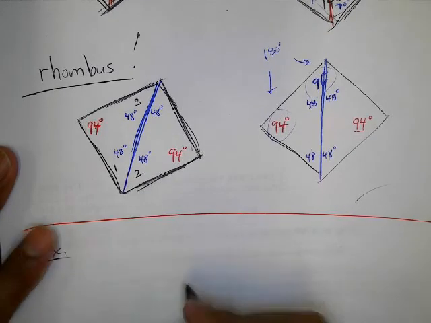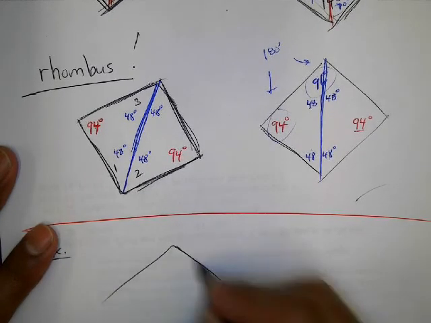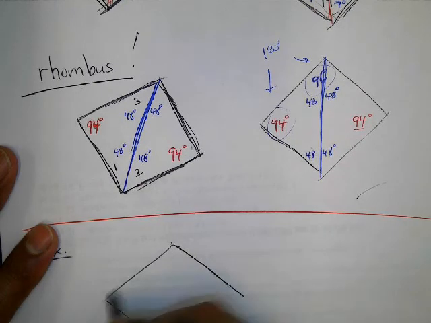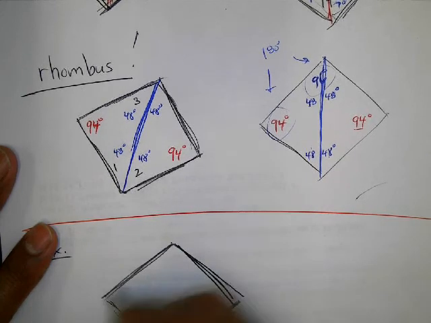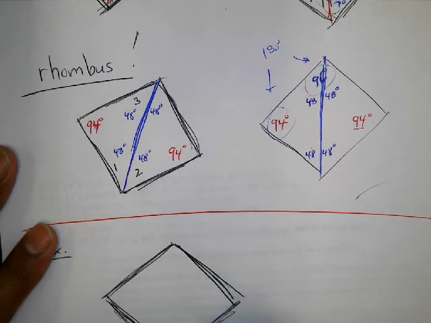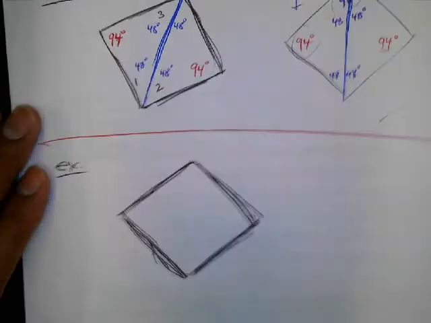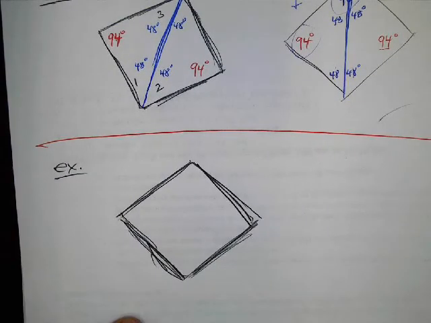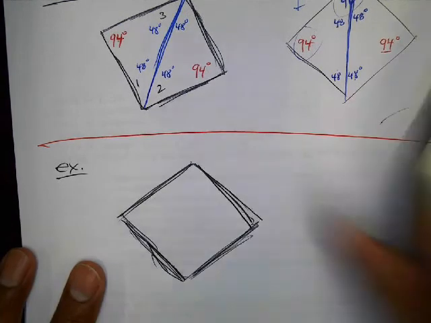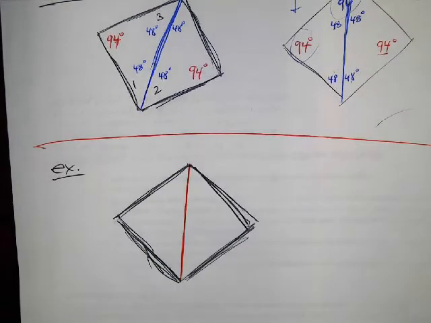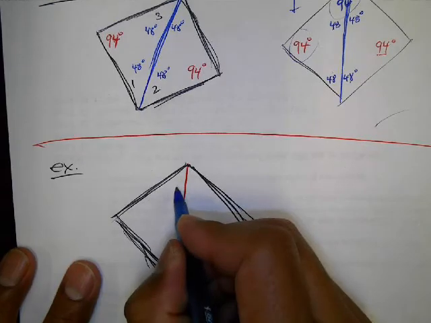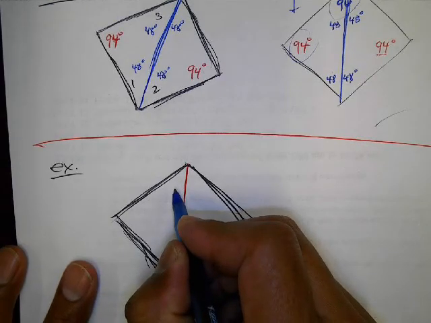So this other example would look like this. So let me go this way now. It looks like a square that's like a diamond, right? All the sides are congruent. Okay, so let's say they draw a diagonal like this, and they give you this one right here.